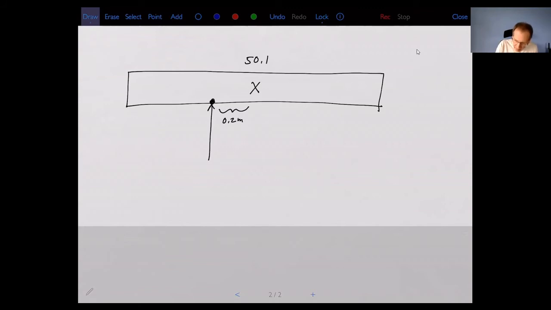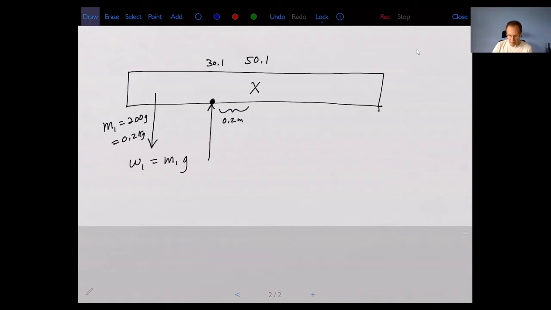So basically what I did was I put this knife edge at 30.1. Then I hung 200 grams. So I'll call this M1, 200 grams, which is the same as 0.2 kilograms. And that is going to give me a force, which is the weight. How do I get that? I just multiply M1 times g.